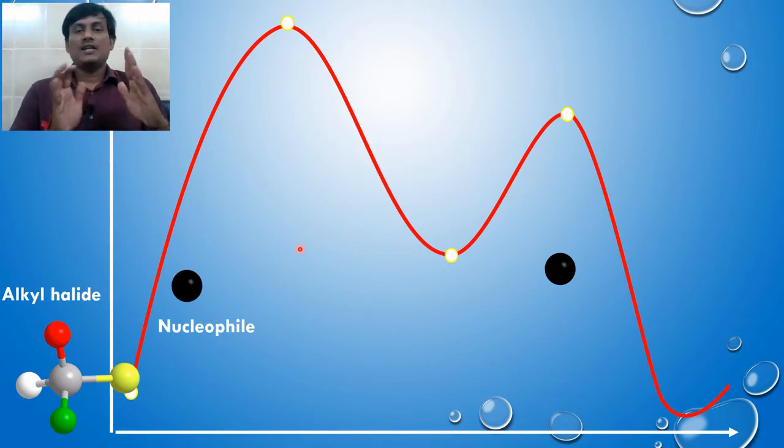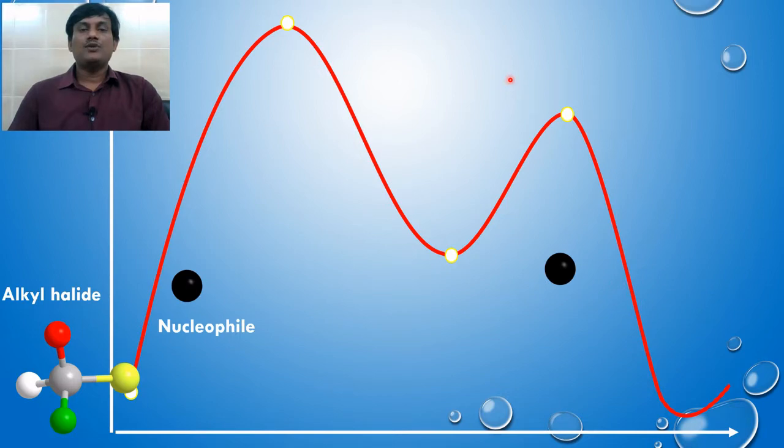The left and the right extremes indicate reactants and products. The middle one indicates the intermediate. Here are the 2 saddle points, this is the first saddle point, this is the second saddle point. These 2 points indicate transition states. So here we have 2 transition states.